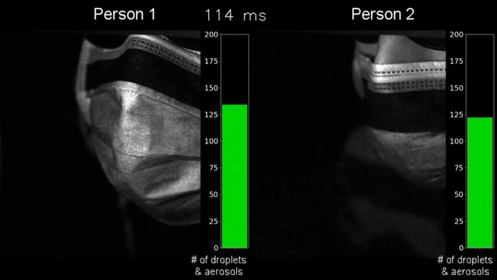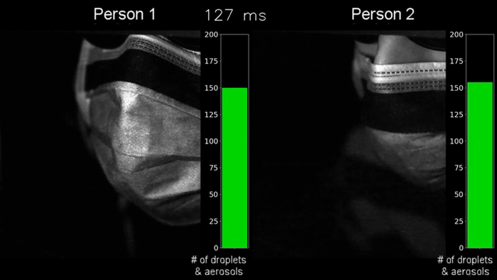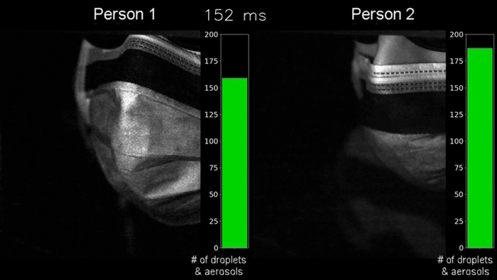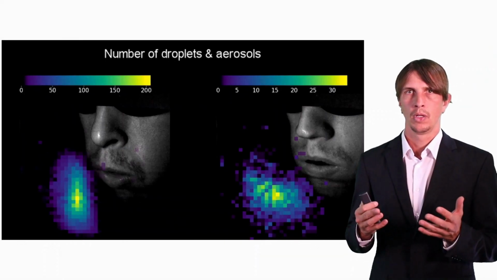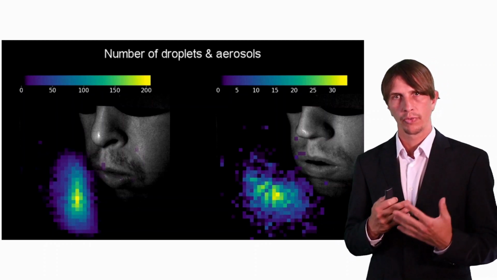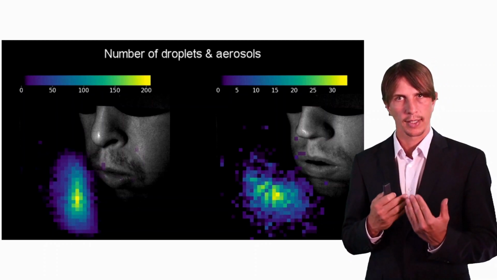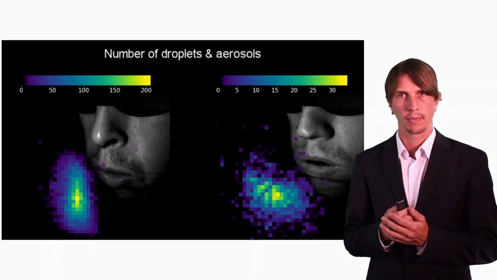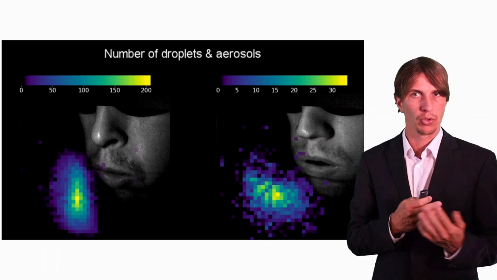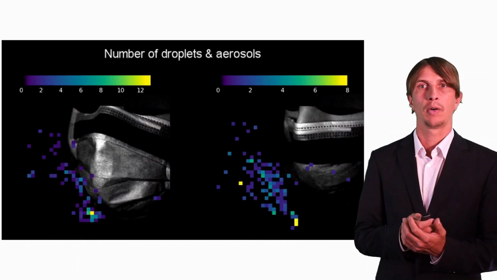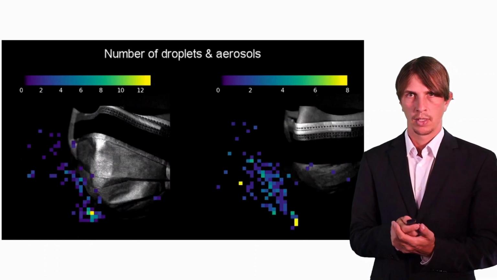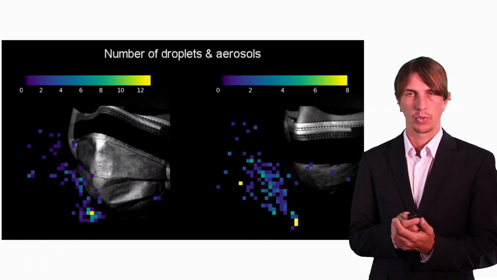We can see from those measurements that we were reaching less than 200 particles. This is showing the distribution of the number of droplets and aerosols in space. Here, it's a case when we don't have any mask from the previous curve I've been showing. Now the type 2R. We can see improvement with the type 2R mask.